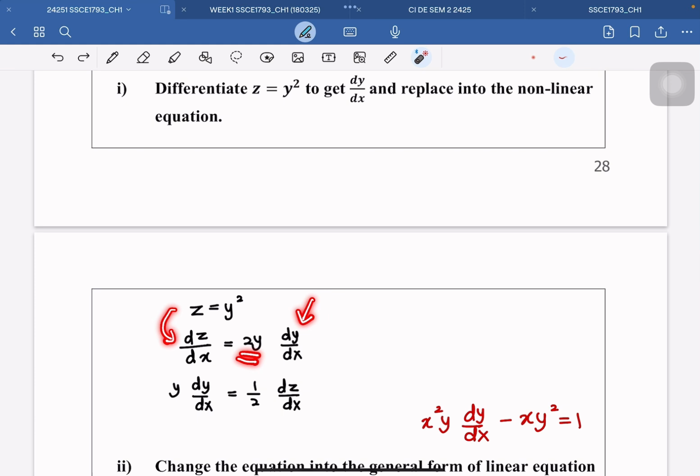That is the difference when you are differentiating with respect to x compared to solving for the differential. The differentiation and the differential are different, so try to look back at the definitions of both.